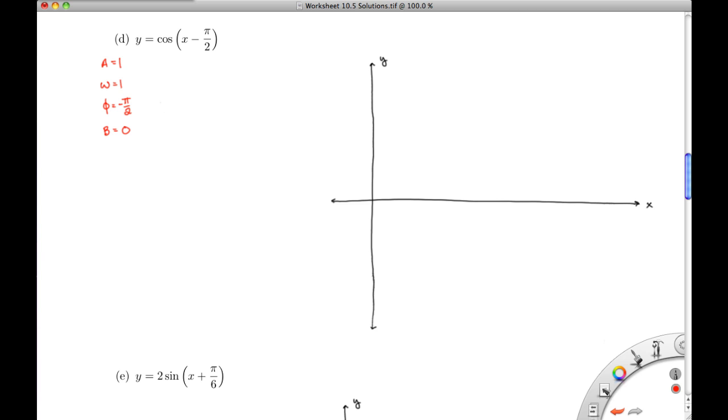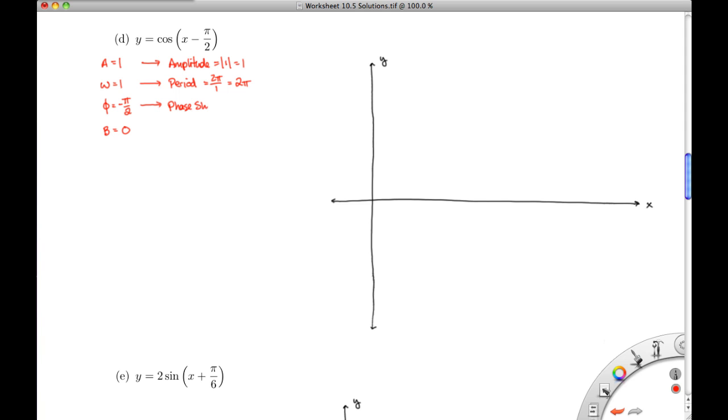All right, so if we interpret these, our amplitude is the absolute value of 1, which is just 1. Our period is going to be the period for cosine divided by omega, which is 2 pi, unchanged. Now, phase shift. All right, so now we get to do something here.